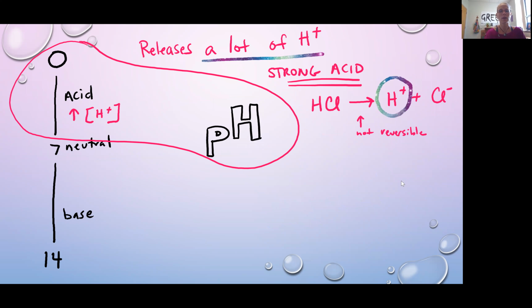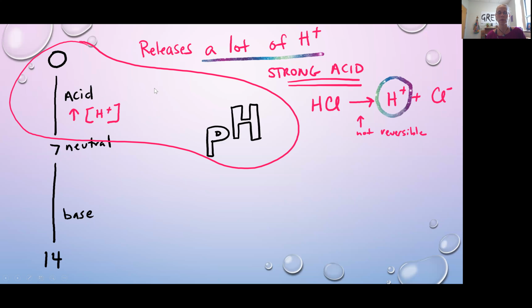When we talk about our acidic pHs, remember those are low numbers, so a low pH corresponds to something that's acidic, and these numbers mean that you have a high concentration of hydrogen ion. So notice here that I've put my H plus in brackets.